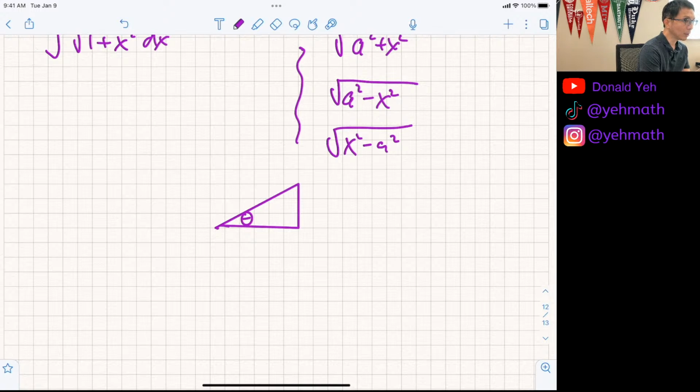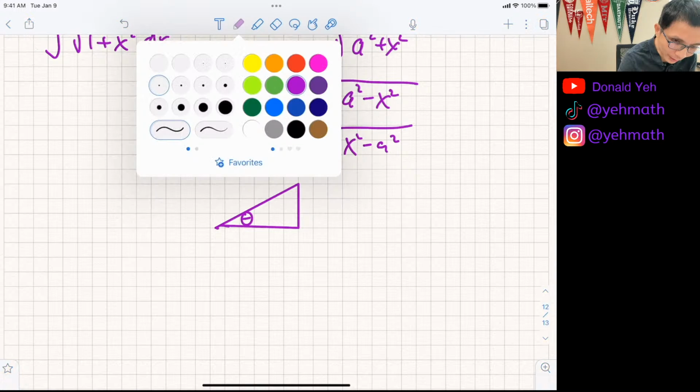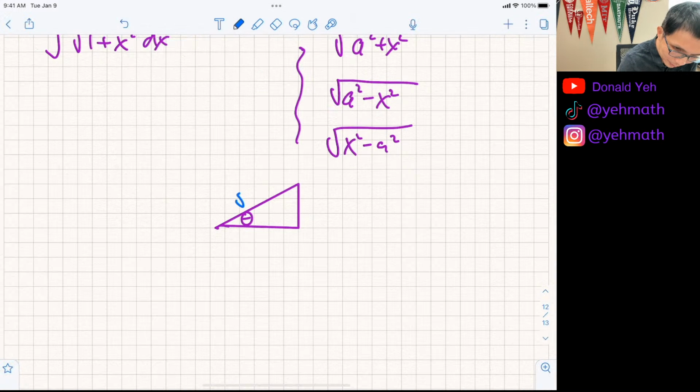Because usually it's the square root of 3 squared plus 4 squared, that's equal to 5, right? So that's usually the hypotenuse. So we're going to say, hey, this is the hypotenuse of 1 plus x squared.